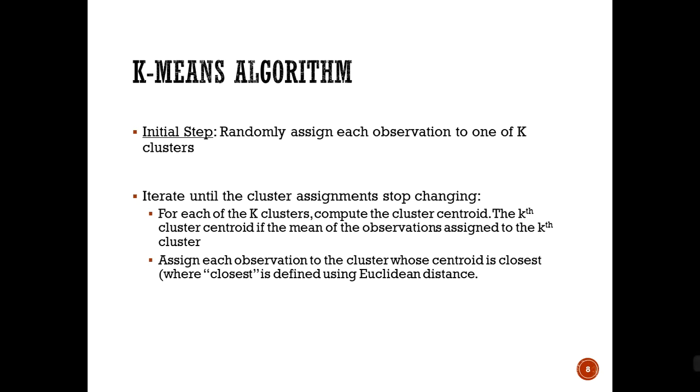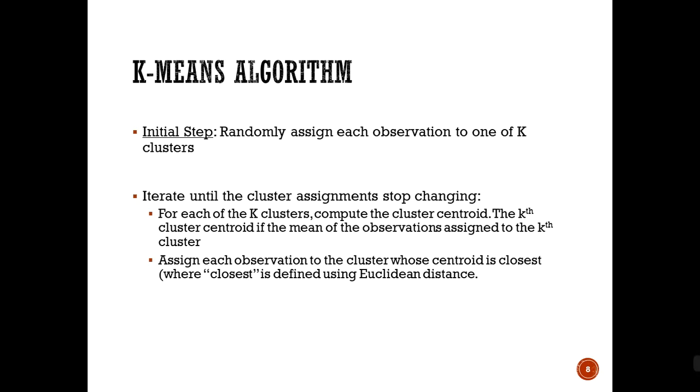So each observation is assigned to a cluster 1 through k, and then we have two steps, which we alternate back and forth. For each of the k clusters, on the one hand, we compute the centroid. That's the average value for each feature of all the points in the cluster. It is the mean in the vertical and horizontal direction of the points in that cluster.